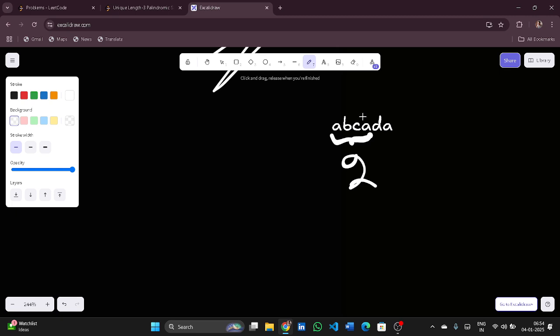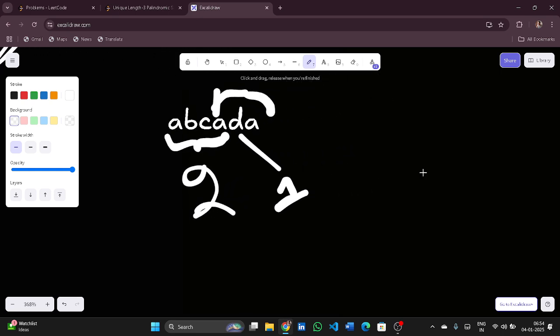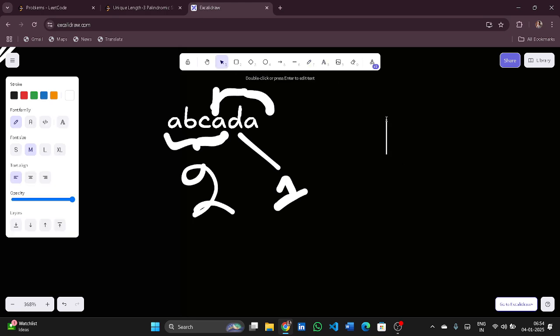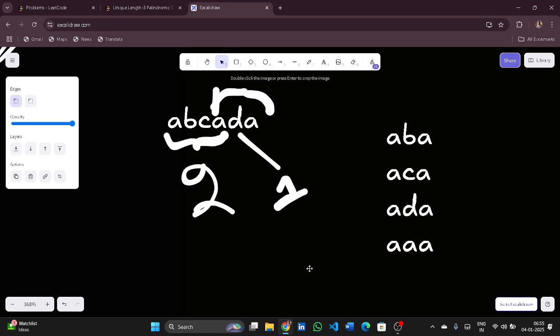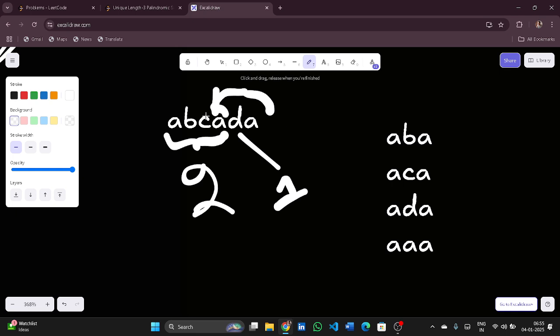And if you consider the next one from this index, you get only one distinct character. But if you write the answers, you can get A, B, A, and A, C, A, A, D, A, and also A, A, A. A, A, A is also a palindrome. So I am missing this A in the middle if I go to this index directly.